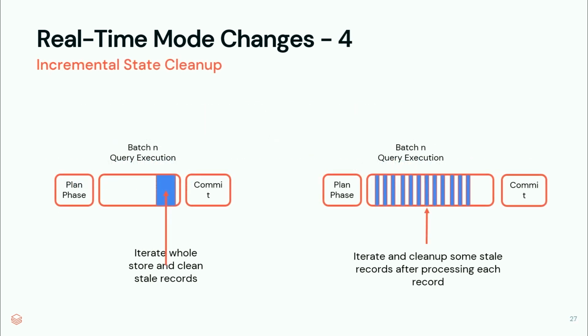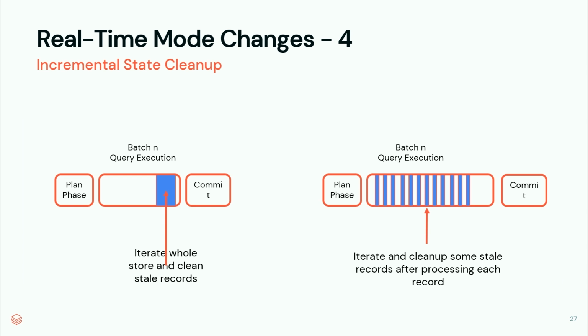There's also a problem with state cleanup. The state store is the storage that keeps track of data across all of this processing, even if the query is restarted. But you cannot keep data forever in the state store; you have to clean it up after a while if it's not useful. Previously, at the end of every batch, we scanned the whole state store and deleted whatever needed to be cleaned up. This obviously introduces long latency in real-time mode.